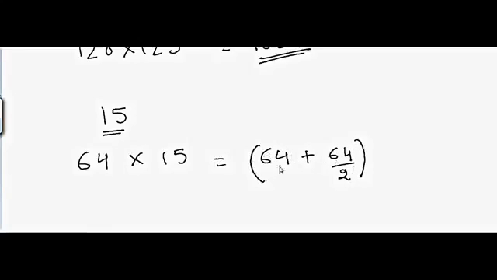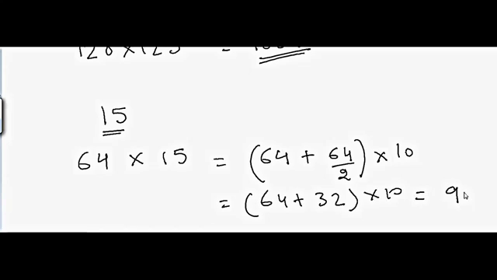That will be equal to 64 plus 32, which is 96, into 10. Let's do it quickly. Suppose I have 44 and want to multiply by 15. Half of 44 is 22, so that will be equal to 66, and then a 0, so that will be 660.